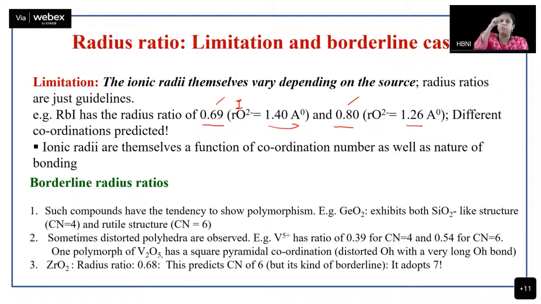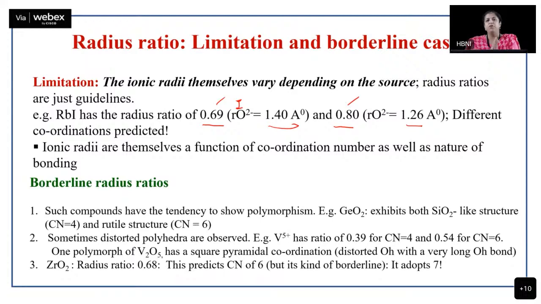We try to find the electron density map between the cation and anion. We measure that distance and we halve it. Depending on whether our bond in that particular structure is longer or shorter, the ionic radii value would change. So it depends upon what kind of compound the radius has been measured in.